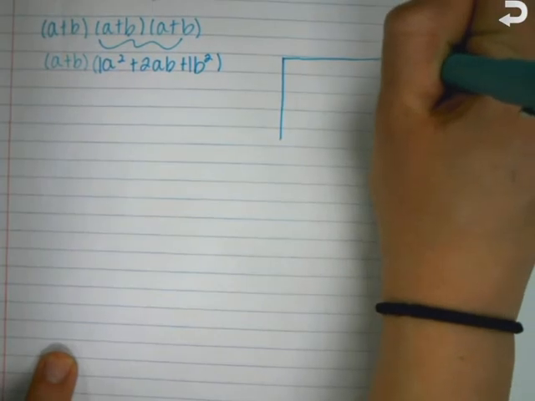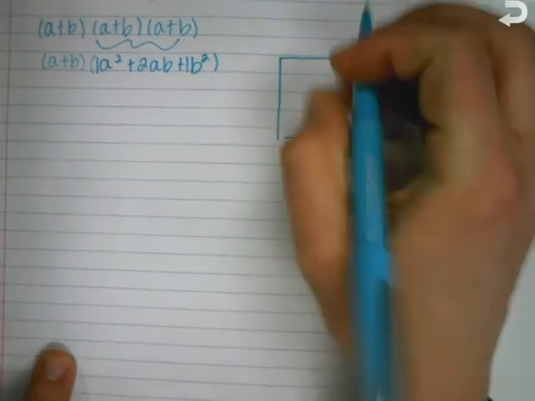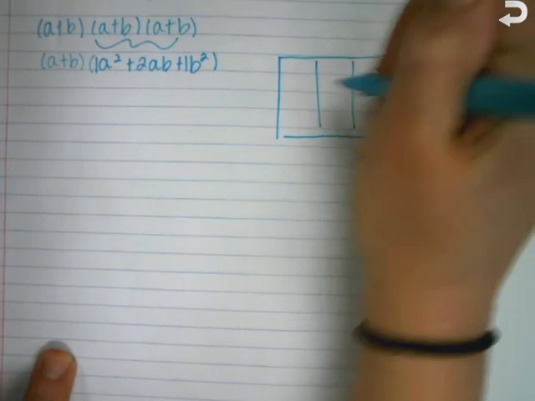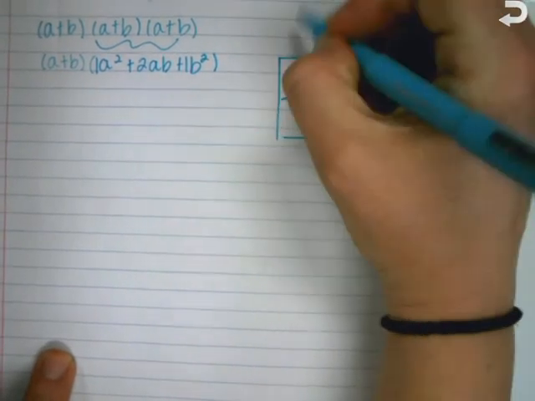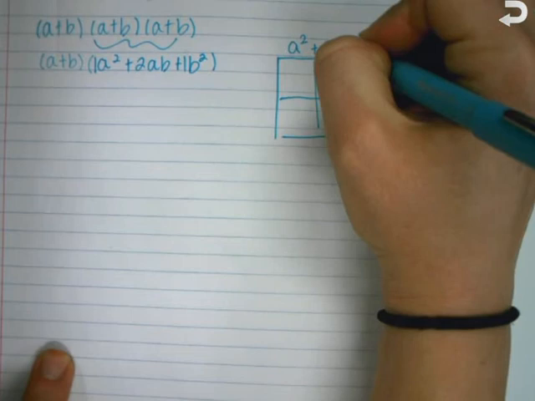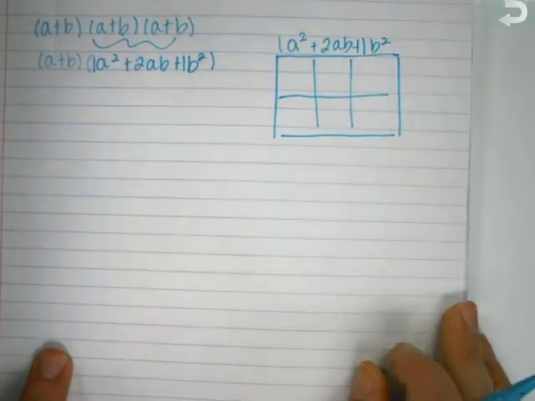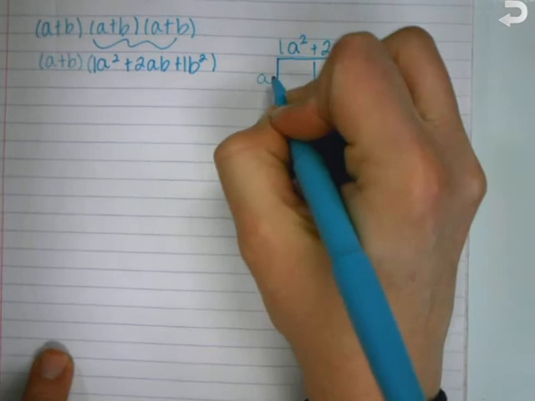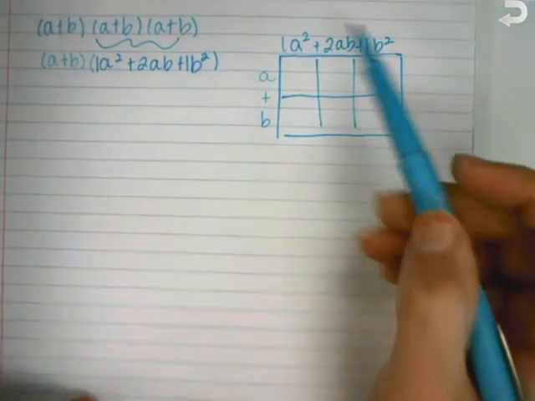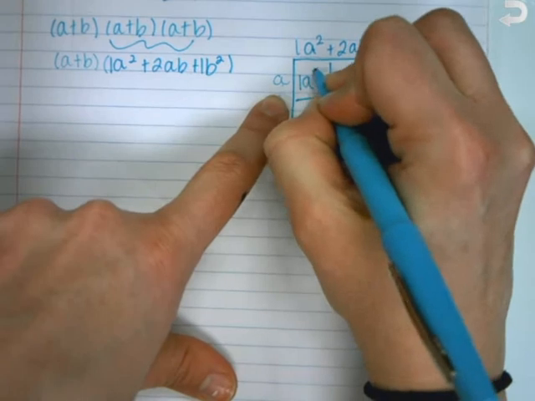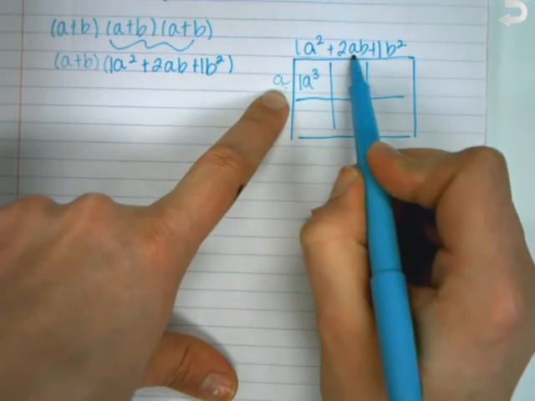Okay, so we have, let's do 3 and 2. So that's 1a squared plus 2ab plus 1b squared, and 1a plus 1b. Okay. A times 1a squared, 1a to the third. A times 2ab, 2a squared b.